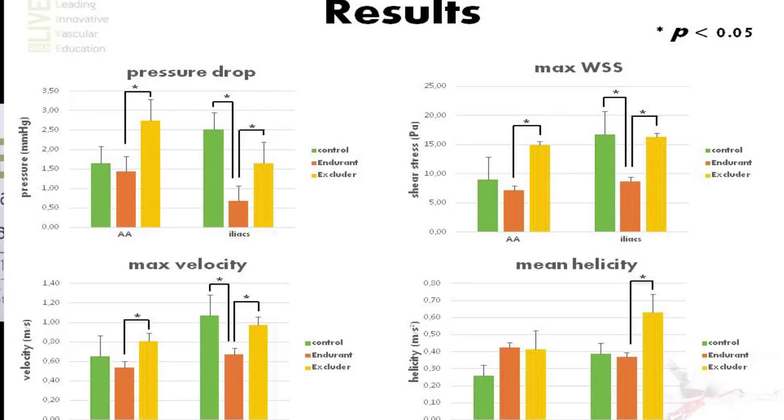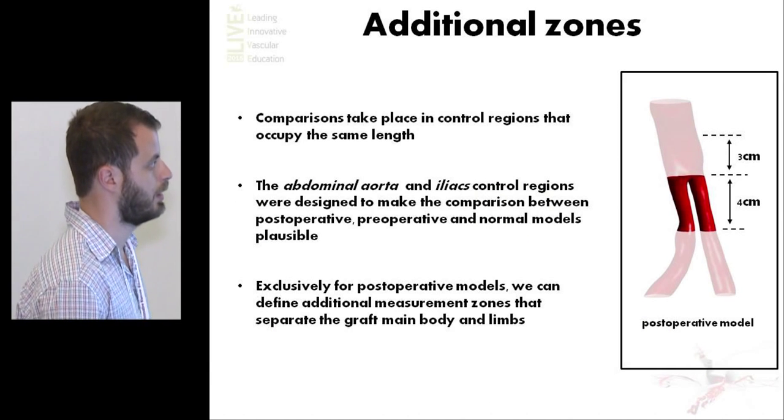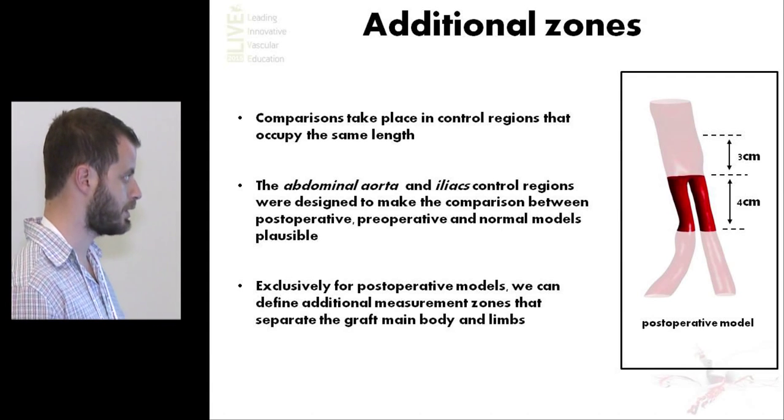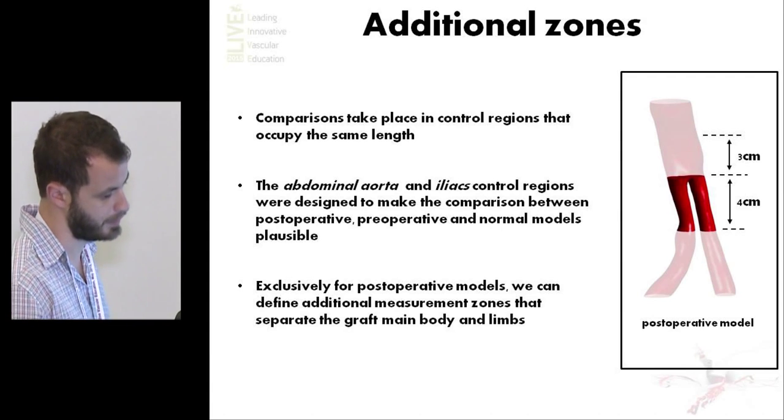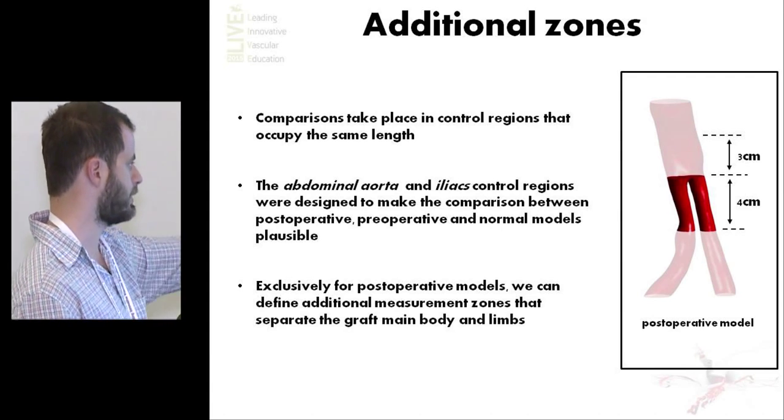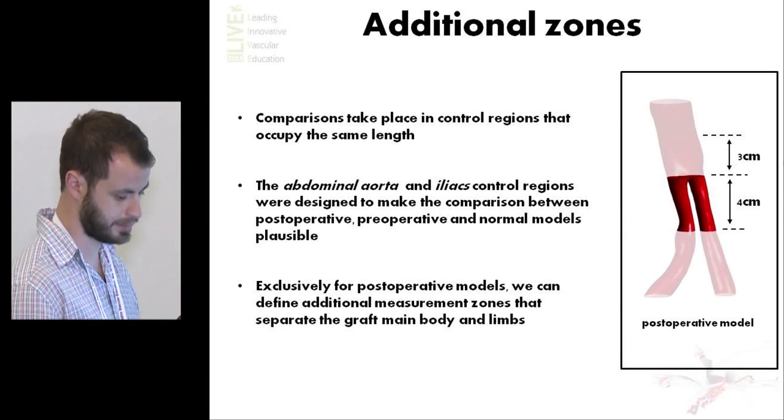So you might agree that when we want to compare, this comparison must take place in control regions that occupy the same length. So the abdominal aorta and iliac control regions that I have been discussing until now were designed to make the comparison between postoperative, preoperative, and normal models plausible. Exclusively for postoperative models, we can define additional measurement zones, ones that separate the graft main body and limbs.